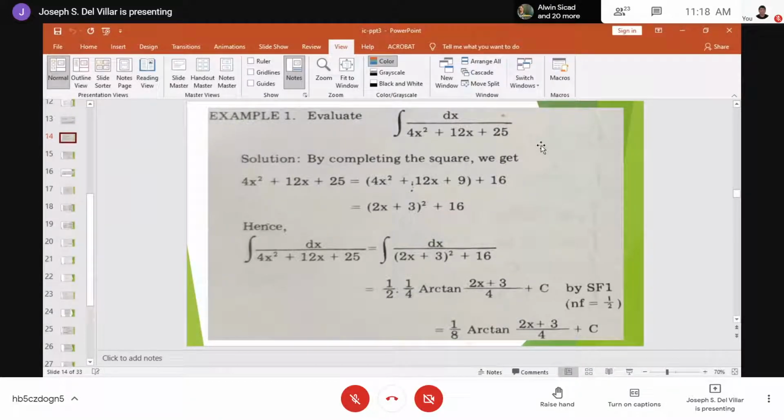So by completing the square, take a look at how the completing the square was done. We separate the 25 first. The coefficient of x is 12, so you divide it by 2 and then square that. If you divide this by 2, that is 6.